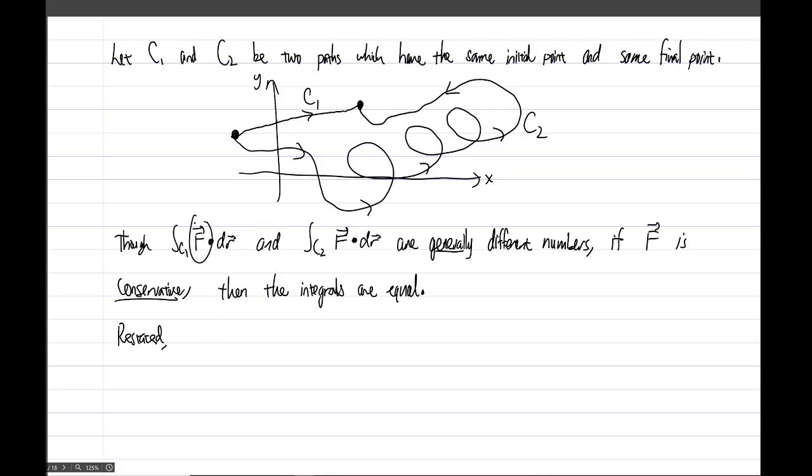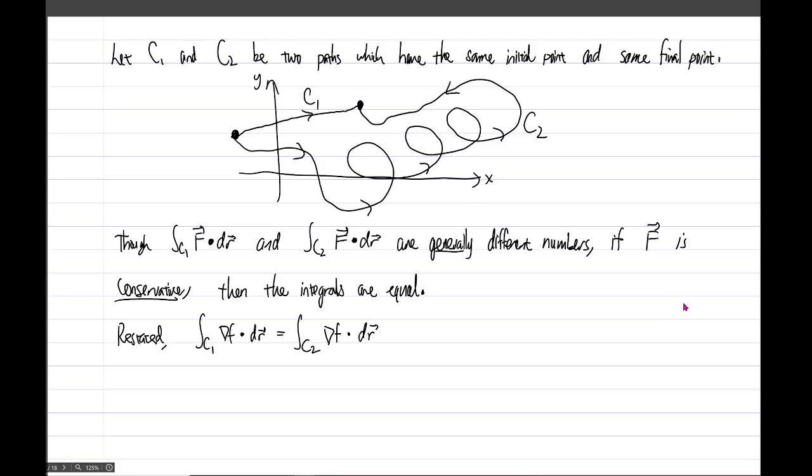So then we won't mention a vector field directly. Instead, restated, the integral over C1 of gradient of lowercase f dot dr with an arrow equals the integral over C2 of gradient of f dot dr. So here, no need to make mention of conservative vector field, because if it's the gradient of a scalar field, then what you have is a conservative vector field.